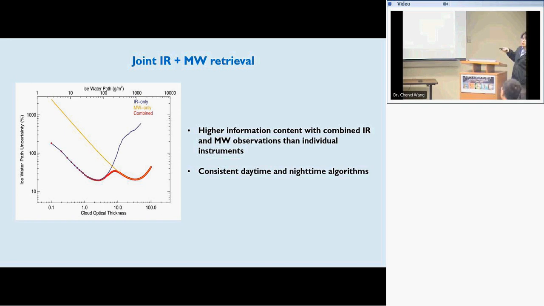When you have small optical thickness, you have large uncertainties from microwave, but when the COT is larger, the microwave gives you less uncertainty. So if you combine them, because of the larger information content you have, it gives you the lowest retrieval uncertainty. Another advantage of infrared and microwave is that you have consistent daytime and nighttime observations, which is much better for investigating the cloud diurnal cycle.